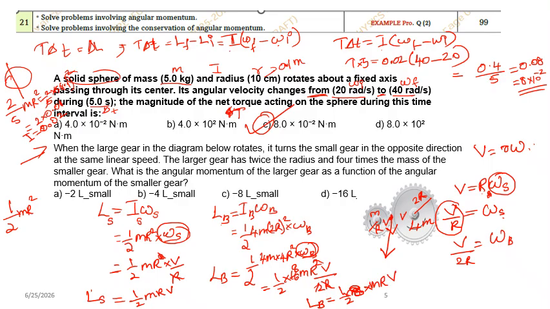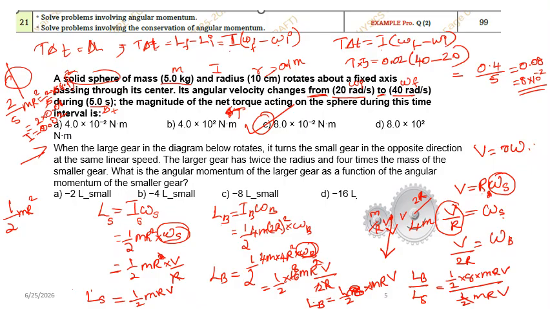Now look, I need to write Lb in terms of Ls, meaning the angular momentum of the larger one as a function of the smaller one. So I'll divide Lb by Ls, the angular momentum of the big one divided by the angular momentum of the small one. Lb is half into 8 into m r v, divided by Ls, which is half into m r v.